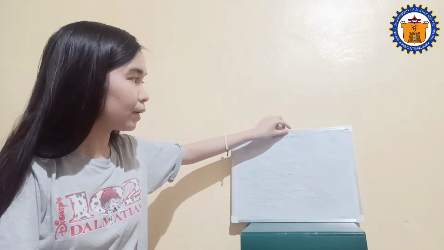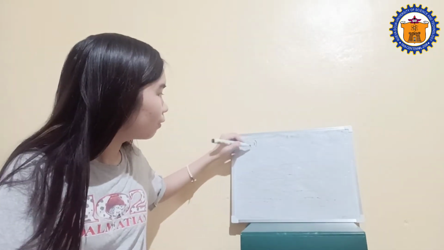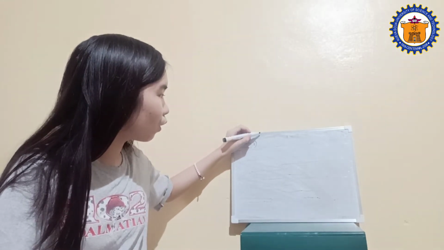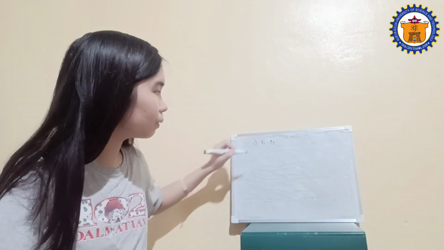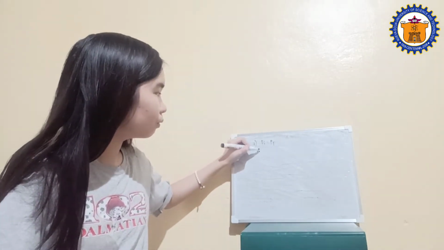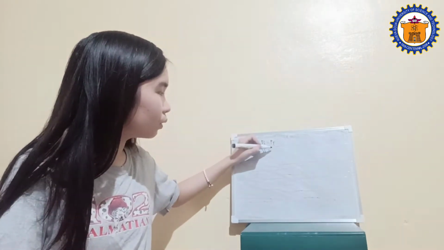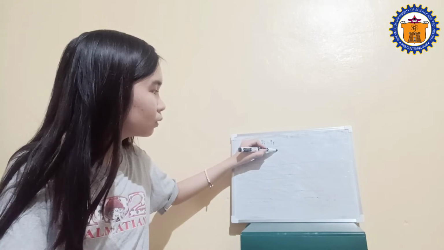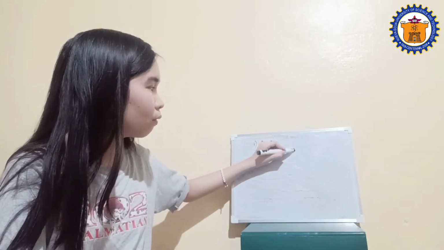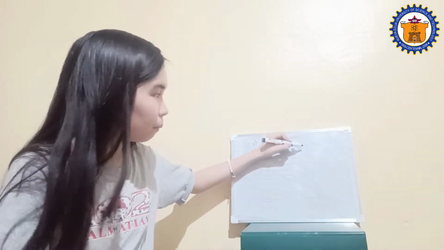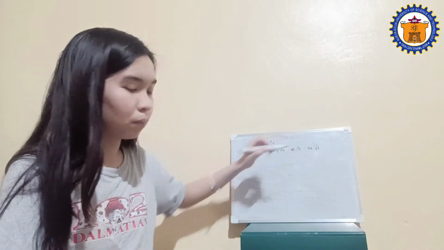So, to find the velocity of the second block, ang formula natin dyan is yung conservation of momentum, which is P initial equals P final, which is also M1 times V1 plus M2 times V2 equals M1 times V1 prime plus M2 times V2 prime.